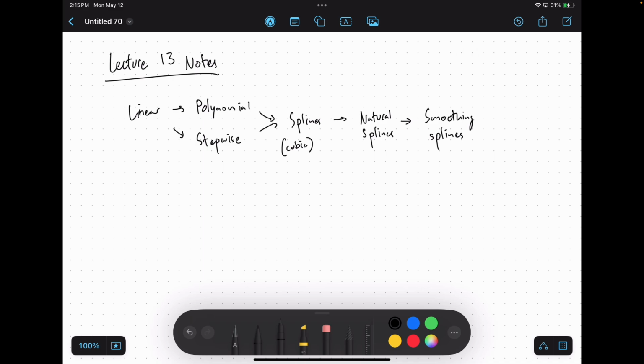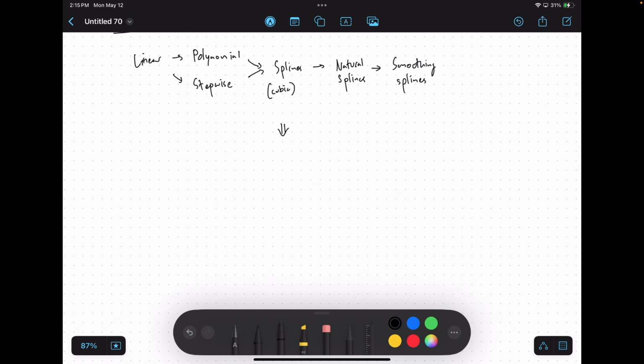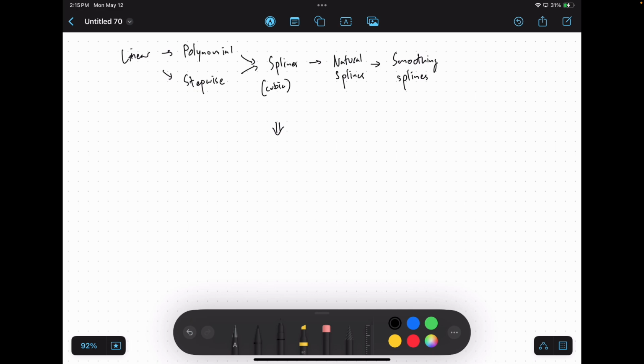Okay, so all of that having been said, let's think about the application of these splines in the context of something called a general additive model. This maintains some interpretability by additivity of terms.